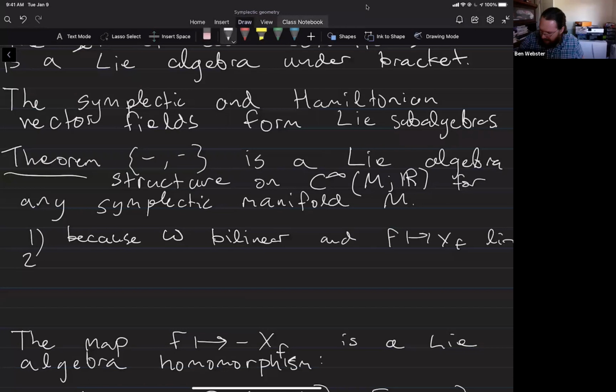I need to check that it's anti-symmetric. So it's anti-symmetric because omega is anti-symmetric.